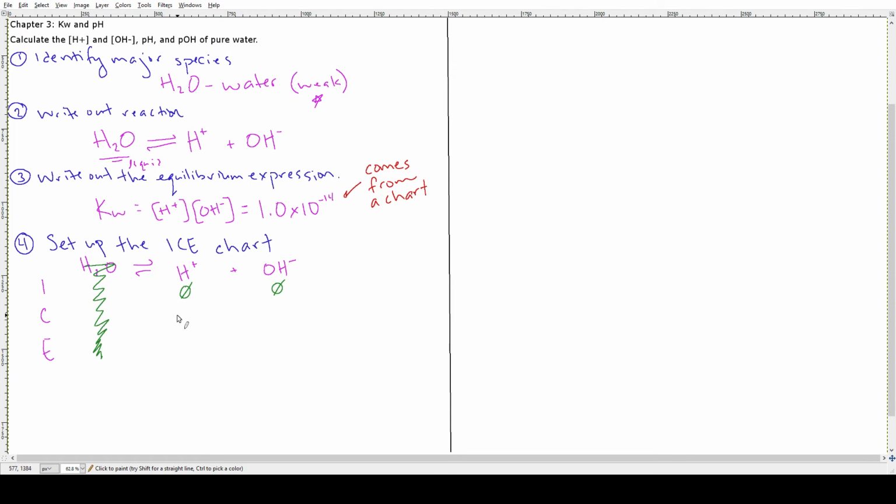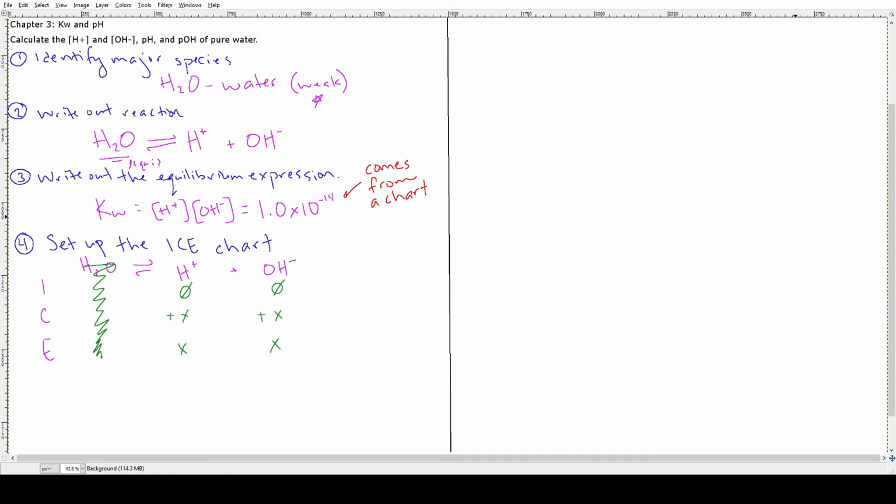We have to assume something is X. So we're going to be gaining an X amount of hydrogens, and since they have the same coefficient up here, we'll also gain an X amount of hydroxides. 0 plus X just gives you X. 0 plus X again gives you X. And we have finished our ice chart for now.